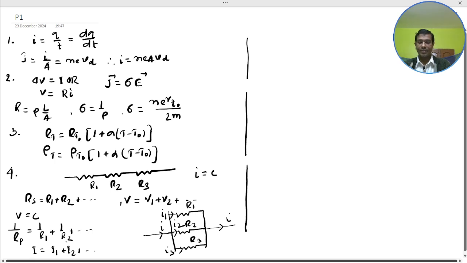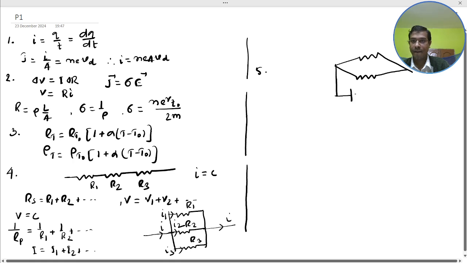Next, current in resistors joined in parallel. This is important for your exam purpose, basically JEE. It is connected in this form.